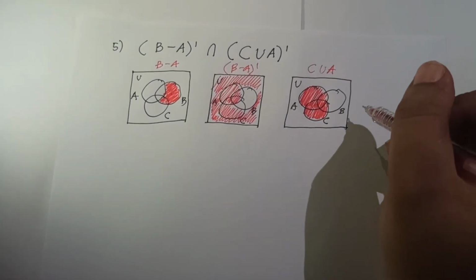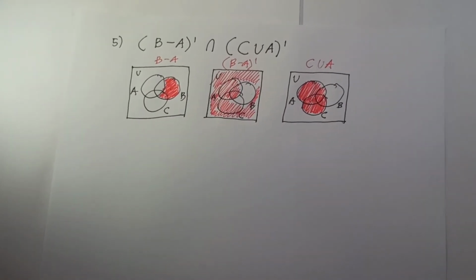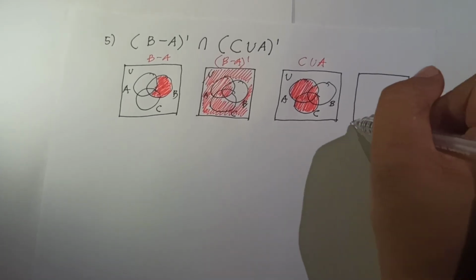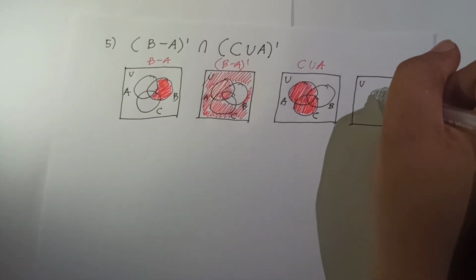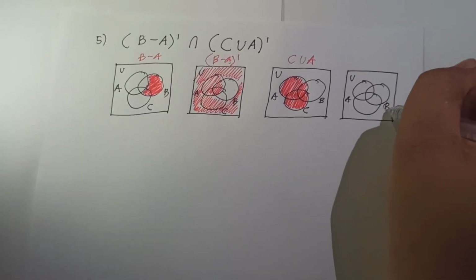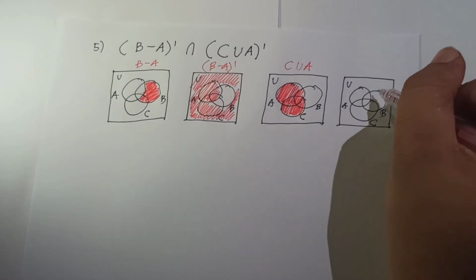Next, we have C union of A prime. So we are going to take the prime here. So opposite, what is the complement of this? Okay, this is our A, this is our B and C. So the shaded part is not included.